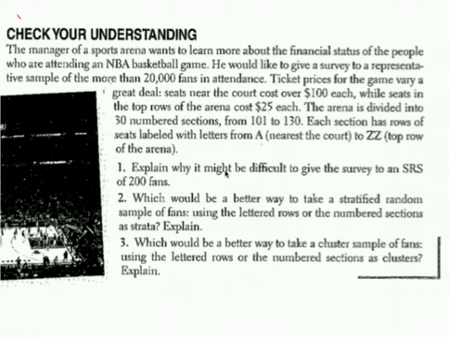So the better way to take a stratified random sample of fans would probably be to use the lettered rows as strata, because each lettered row is the same distance from the court, and so they would contain only seats of the same or nearly the same ticket price. This means that all the people in any given stratum would probably have paid roughly the same amount for their tickets.